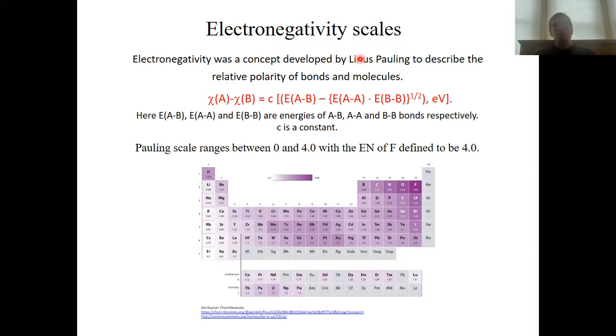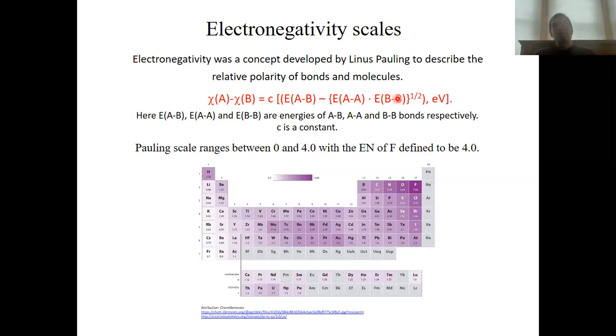Okay, so he defined an electronegativity difference between two atoms as the geometric mean of the dissociation energy of a bond AB minus the dissociation energy of a bond AA times the energy of a bond BB.